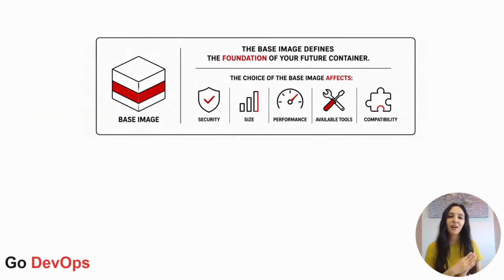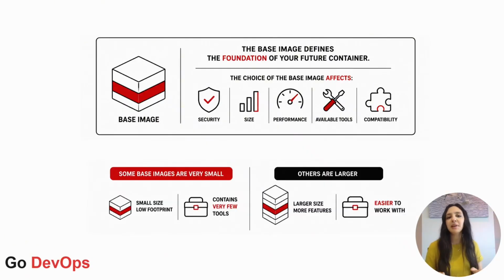Now, another very important concept is the base image. The base image defines the foundation of your future container, and the choice of the base image affects security, size, performance, available tools, and compatibility. For example, some base images are very small but contain very few tools, so the size is smaller, and others are larger but easier to work with because we have more tools available.